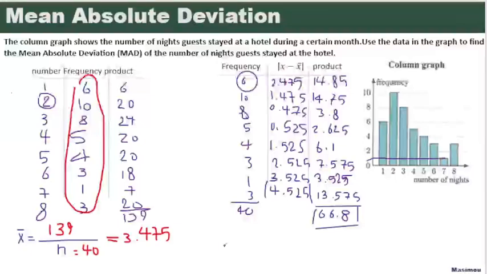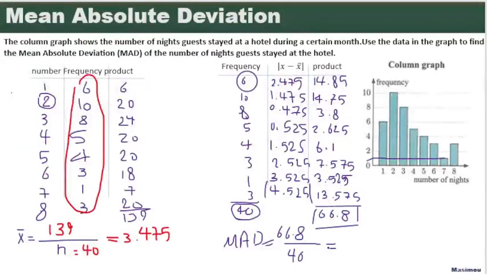So for the mean absolute deviation, I say the sum of all the data, 66.8, over the number of data, the frequency, which is 40. So the mean absolute deviation is 1.67.